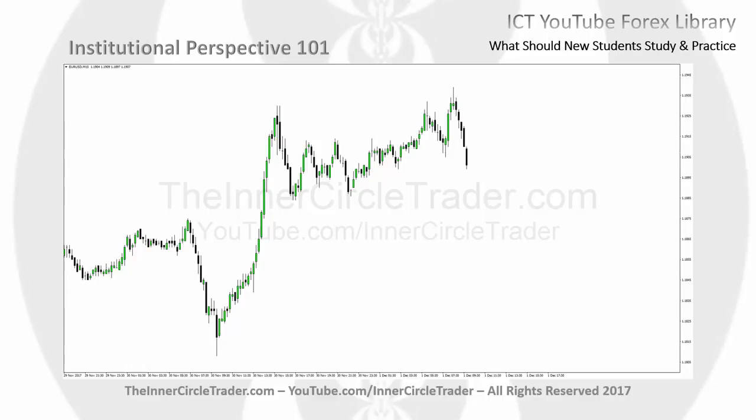The constant theme is I want you to think about the marketplace completely opposite to what retail teaches. Retail is like Elliott wave, supply and demand, harmonic patterns, animal patterns, all these things that you put on your charts. They're all distractions. All you need to know is the open, high, low, and close.